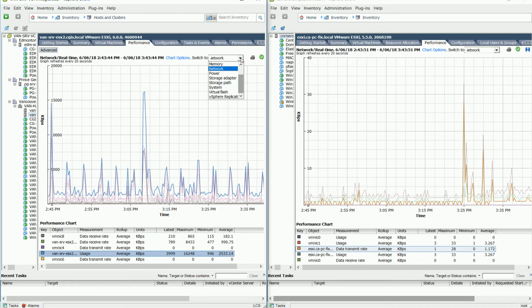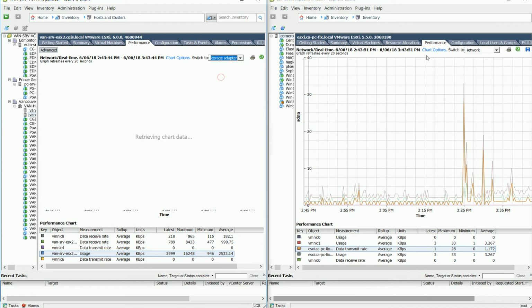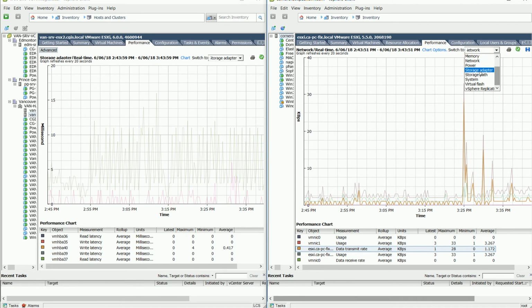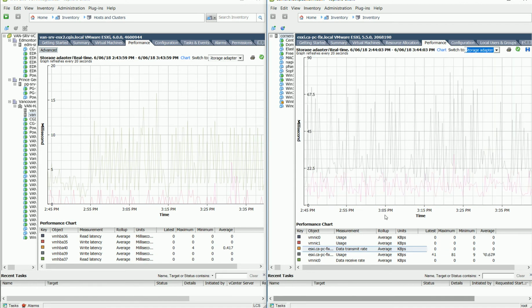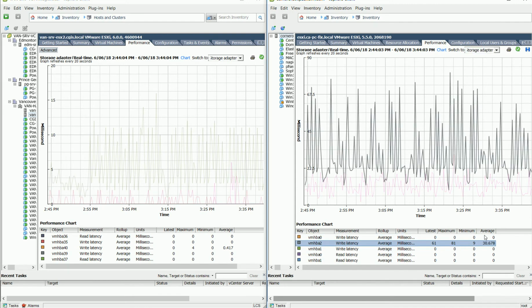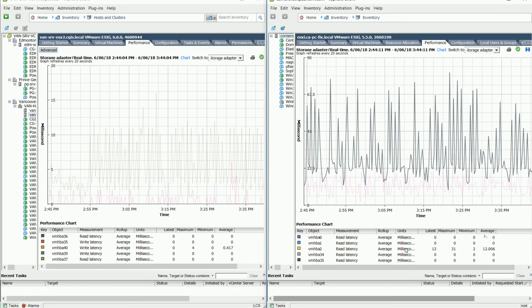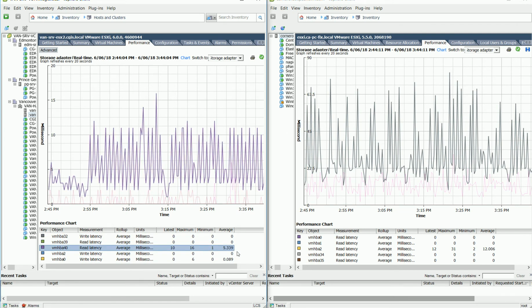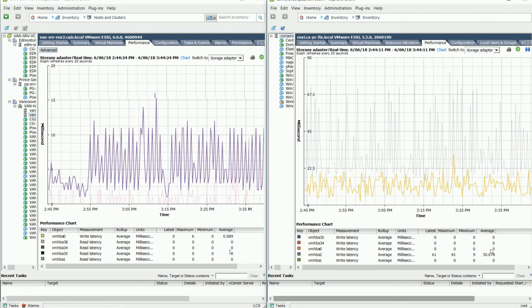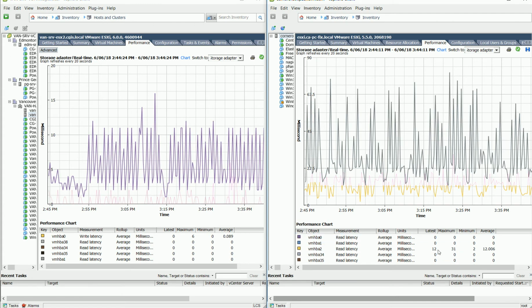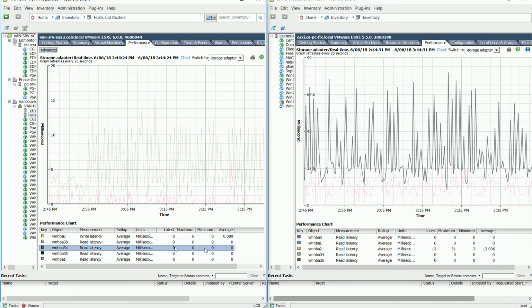For the storage adapter, same thing: we focus on a couple of latency settings. All the latency here is quite low, 5 is the maximum. This one got 12 and this one got 30.